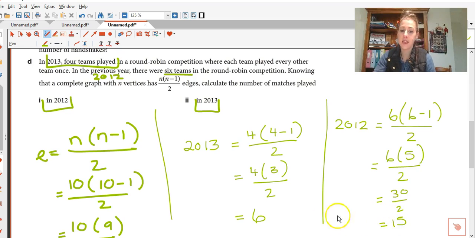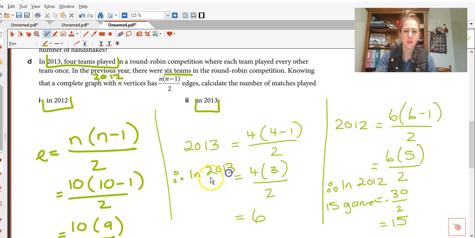So 15 games. So if it is a short answer question like this, be sure to be writing something along the lines of therefore in 2012 15 games were played. Therefore, in 2013, so these 3 triangles mean therefore, in 2013, 6 games.